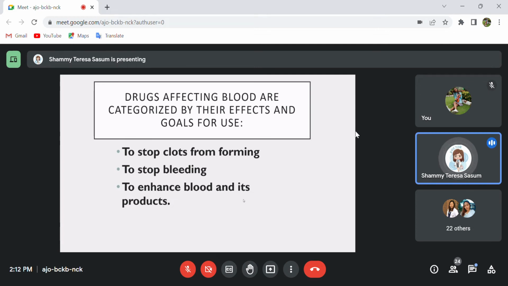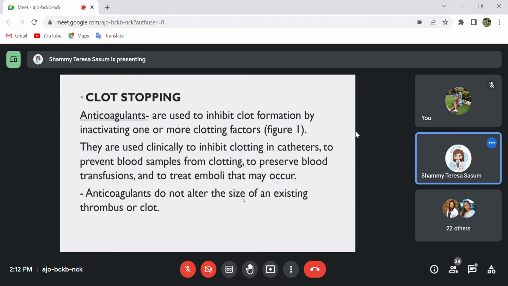Drugs affecting blood are characterized by their effects and goals for use: to stop clot formation, to stop bleeding, and to enhance blood and its products. Clot stopping. In clot stopping, we have anticoagulants.